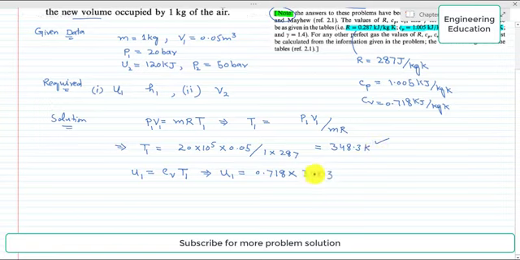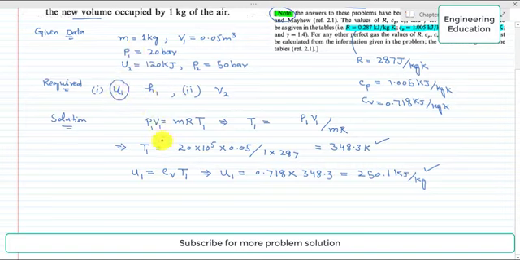Its value comes out to 250.1 kilojoule per kilogram. So this is the required value of u1 which we have to find.